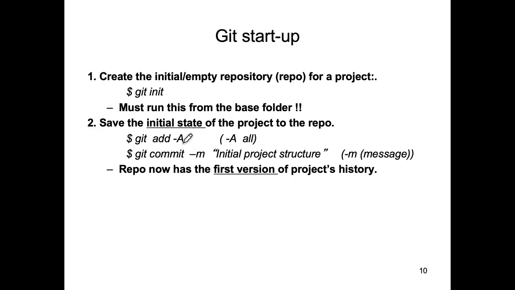So once you've completed these two commands, you now have essentially an initial version of your working area inside the repository. We can refer to that as version 0 or version 1, it doesn't really matter, but it's the first version of our project that we have stored inside the local repository.